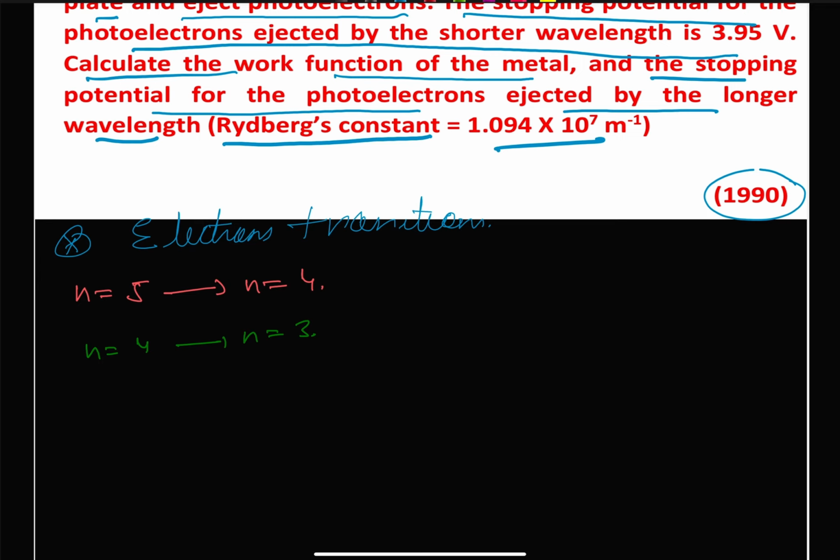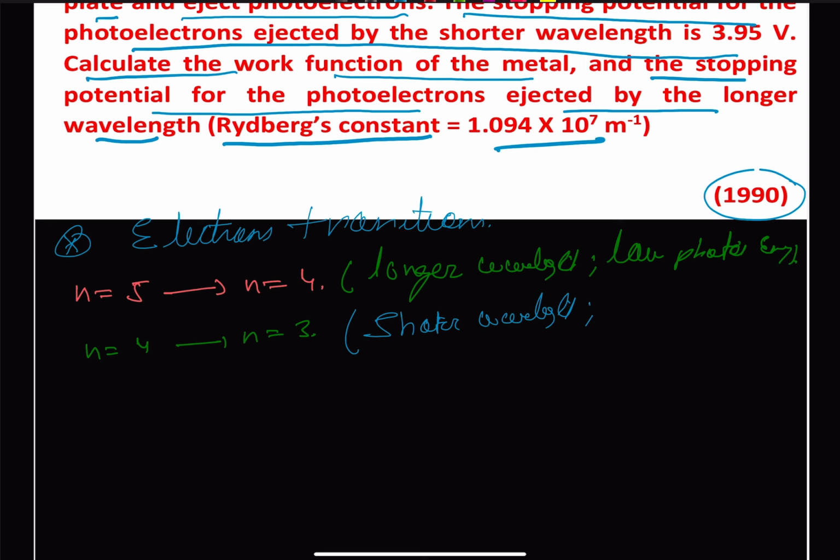The 5 to 4 transition is our low photon energy level, so it gives a longer wavelength. The 4 to 3 transition will be our shorter wavelength, with high photon energy.